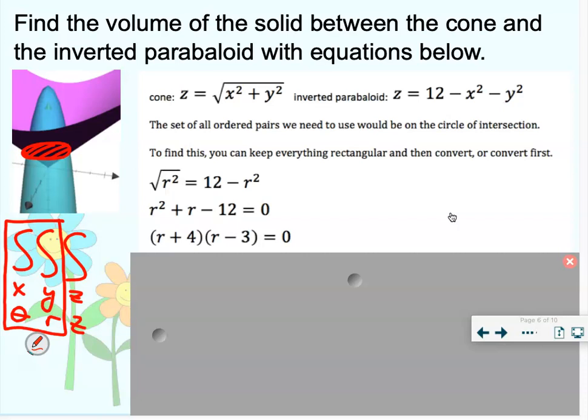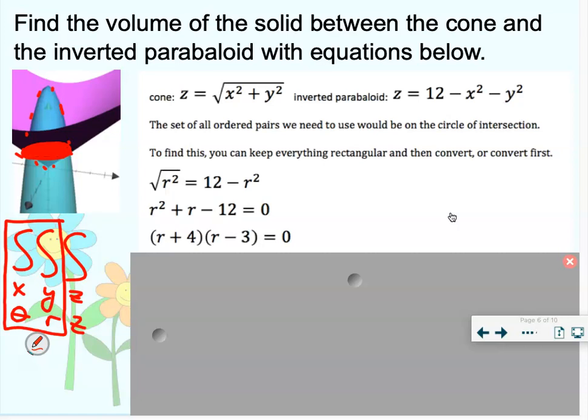I like to think of it as these two integrals generate all possible ordered pairs that you're going to plug into this function. So you have to generate every possible combination of either x's and y's if you're rectangular, or r's and thetas if you're in polar, so that you have all the possible ordered pairs that you need to plug in to get those z values. Does that kind of make sense?